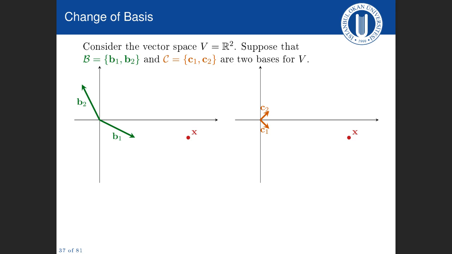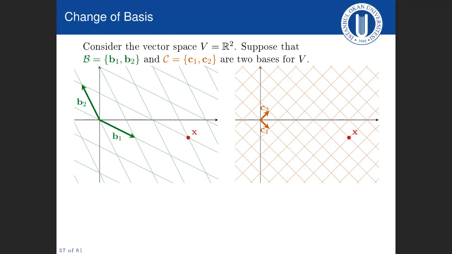I want to express the vector x in terms of b1 and b2, and I want to express the vector x in terms of c1 and c2. If I draw grid lines like this, then it's going to be easy to see how we do this.